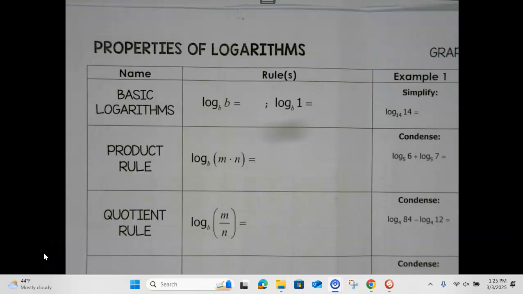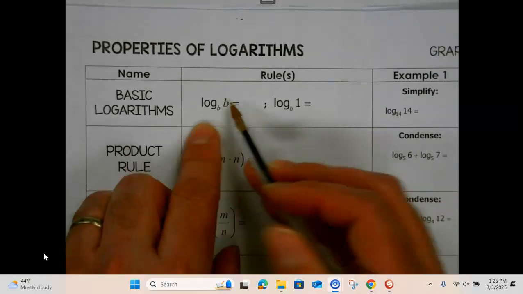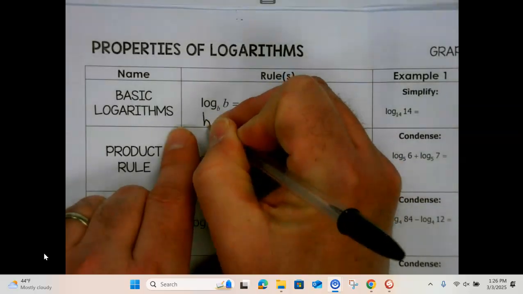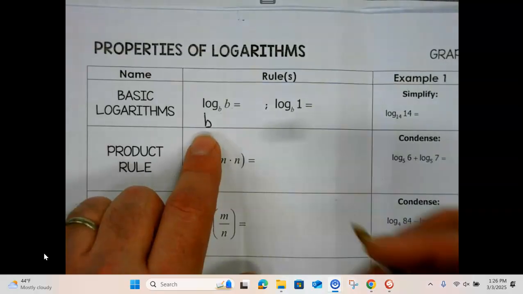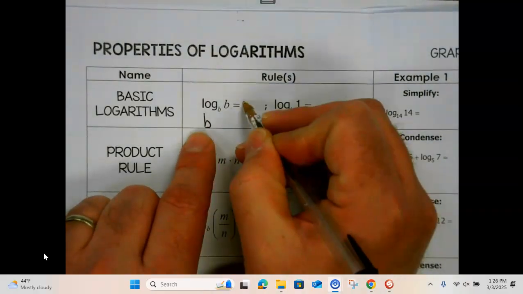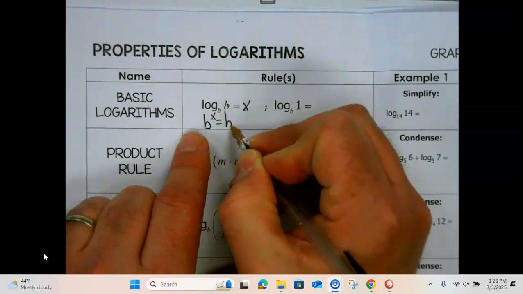We chatted about logarithms last week. We chatted a little bit about what these would look like when we were trying to get to a solution. So, for instance, we said before, what this question was really asking us was, whatever my base is, my base to what power gets me this value?